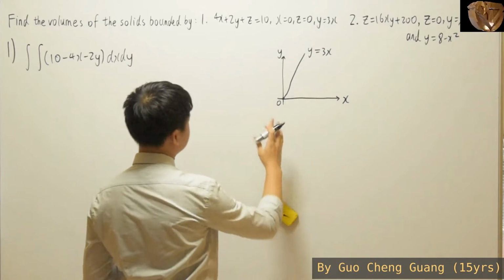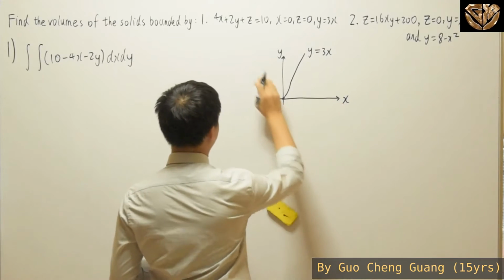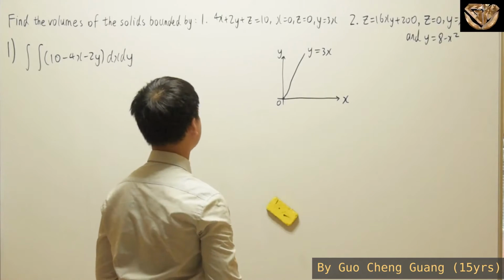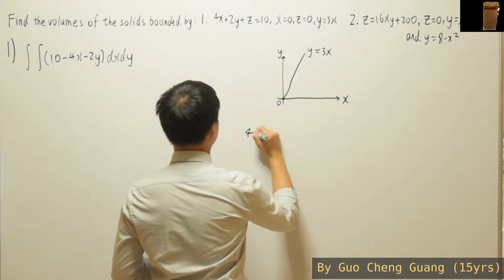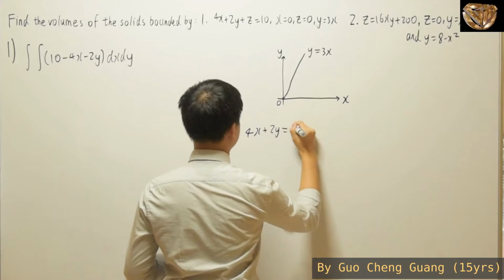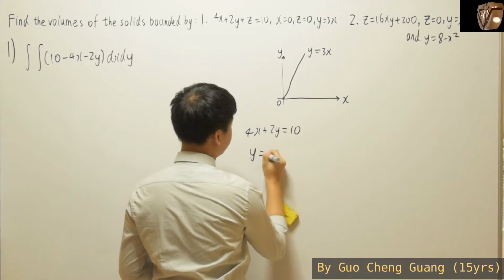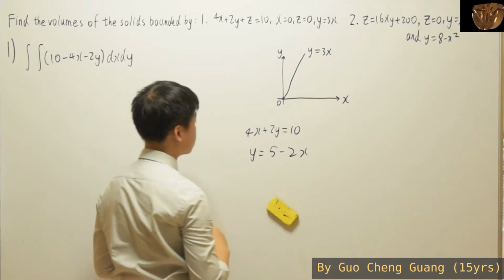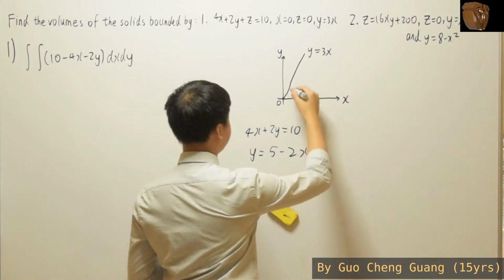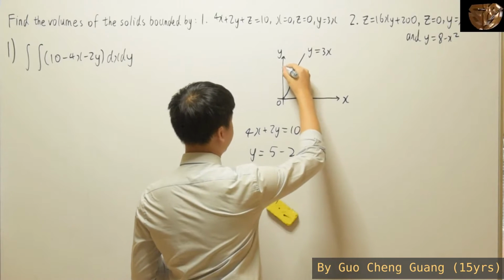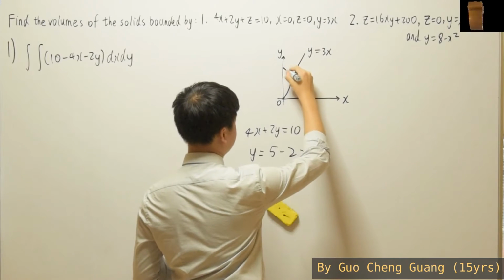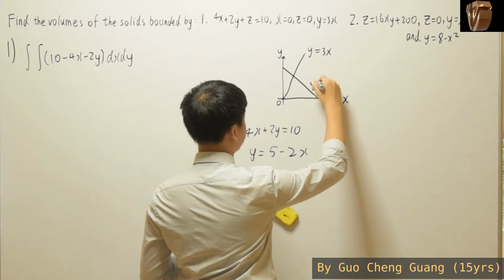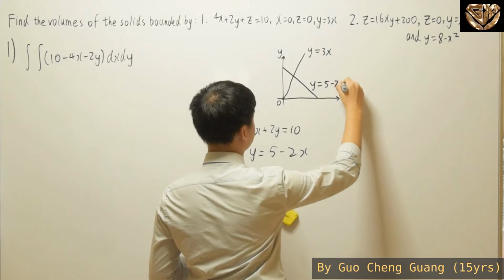If you're just looking at the x-y plane, that means z will be equal to 0. If that is equal to 0, then you'll have 4x plus 2y is equal to 10. So y is equal to 5 minus 2x, which is a negative gradient. Right, so this is y is equal to 5 minus 2x.